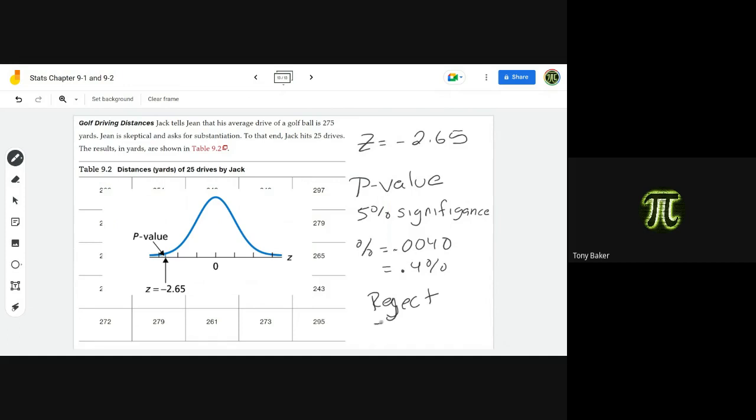Because 5% is greater than 0.4%, or 0.4% is less than 5%. So the score that I got is less than the significance level. Therefore, we reject. Notice, not much different. It's just using a different number to compare.